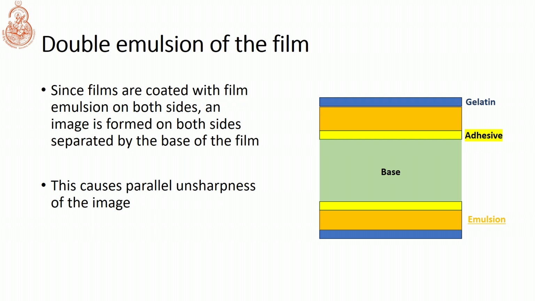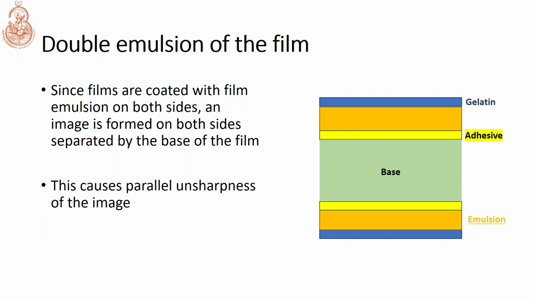The next factor is double emulsion of the film. Since films are coated with film emulsions on both the sides, an image is formed on both sides separated by the base of the film, and this is going to cause unsharpness of the image. When we were learning about the films, we told that the film has a gelatin outer coating.